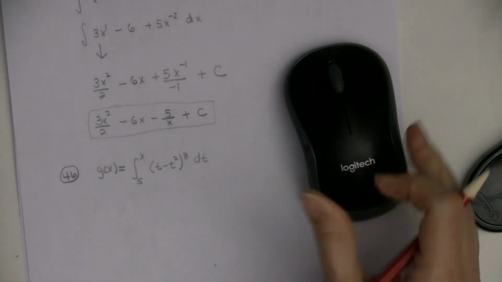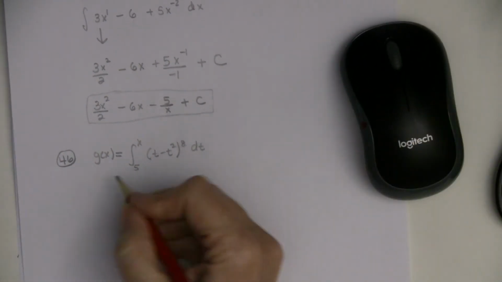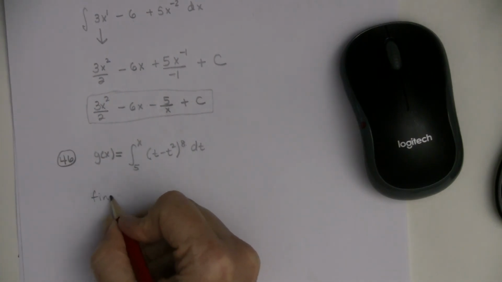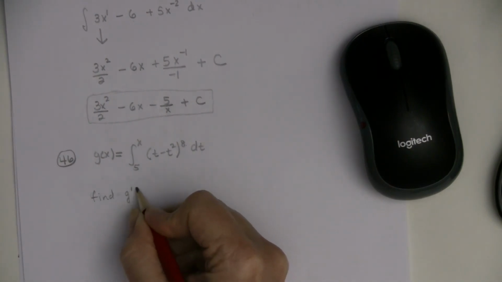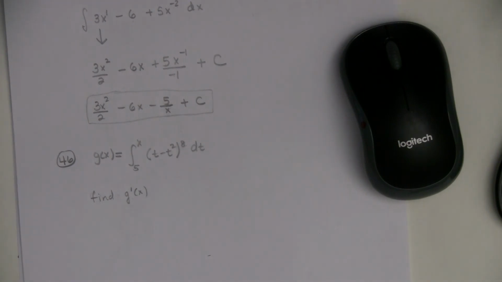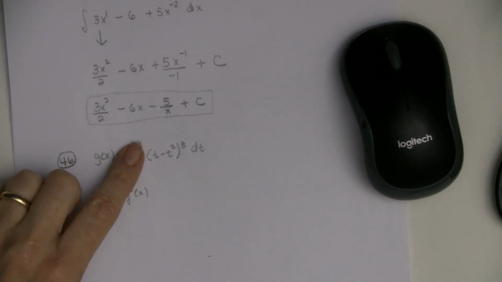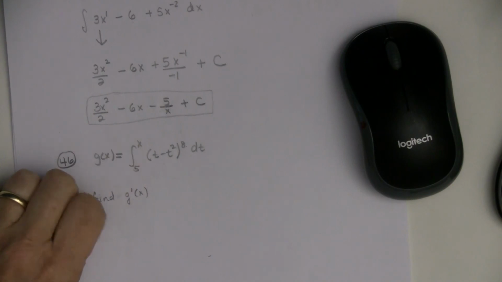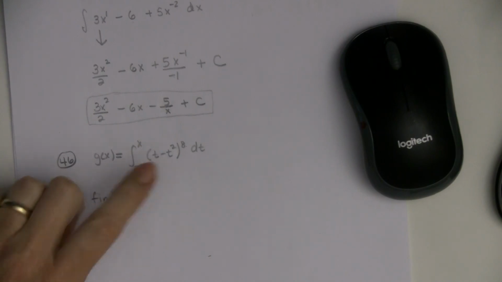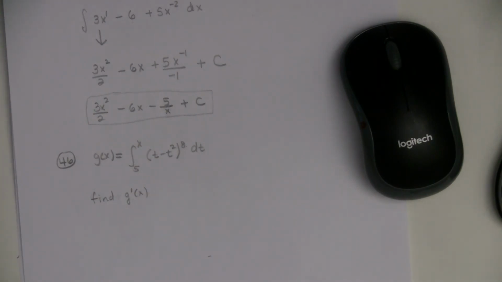Now, what they're asking me to find here is g prime. So they're asking me to find the derivative of g at x. And I could potentially find the integral of that. I think the only way that I could find the integral of that right there would be to write it 8 times and multiply it all together.